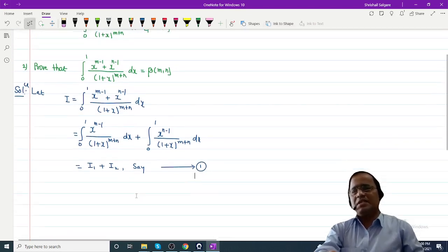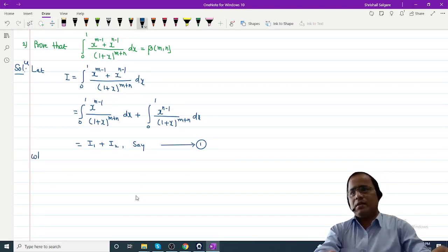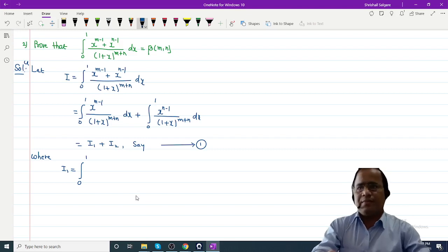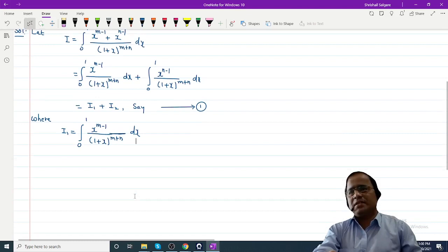I will use the same substitution and simplify integral I1, where I1 is the integral from 0 to 1 of x raised to m minus 1 divided by 1 plus x raised to m plus n, dx. Can anyone recall the substitution in the last case?